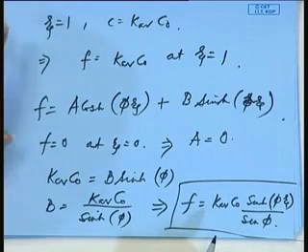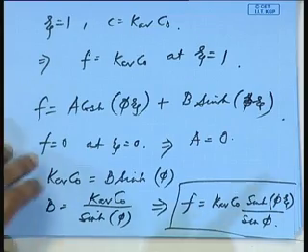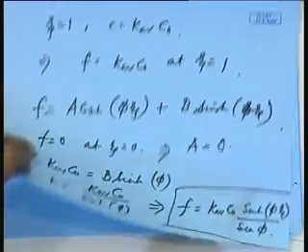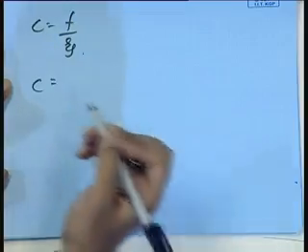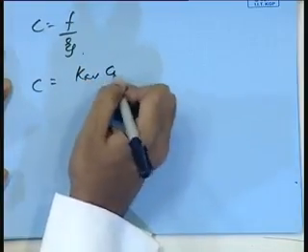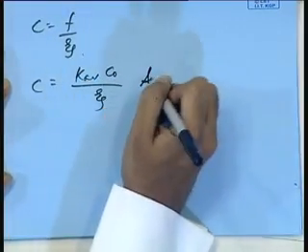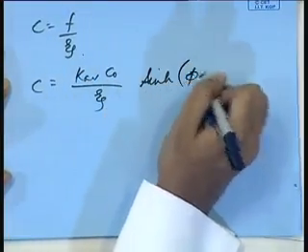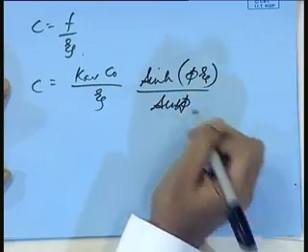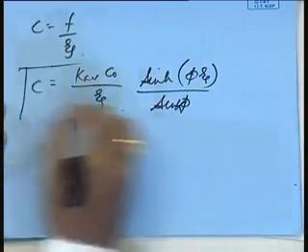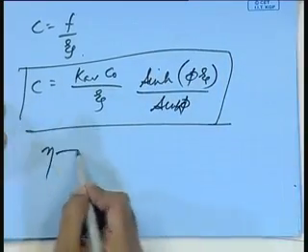What is left now? We have to calculate what? Converting into C is not a problem. So C is F over eta, which is KV C naught over psi. This is straightforward. What is left is we have to calculate our eta.